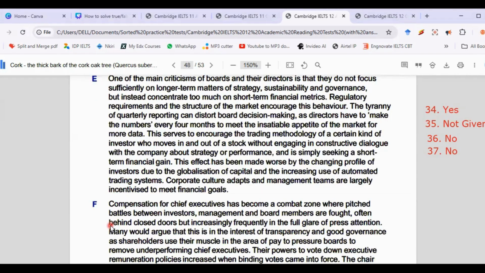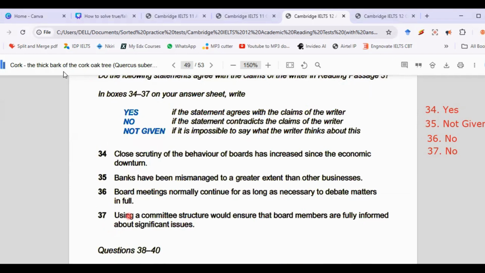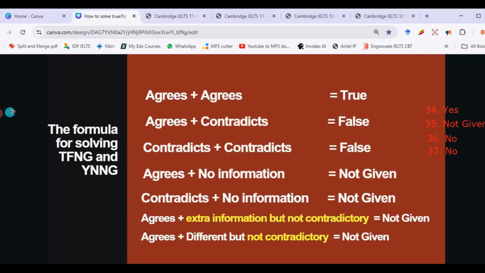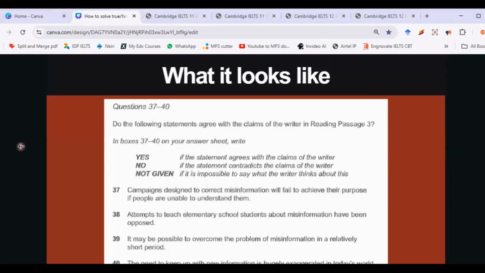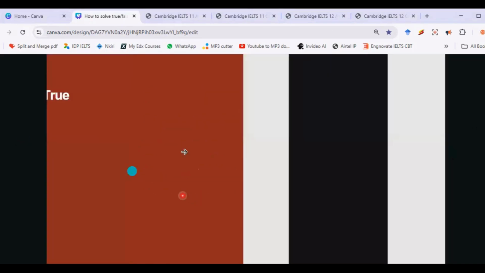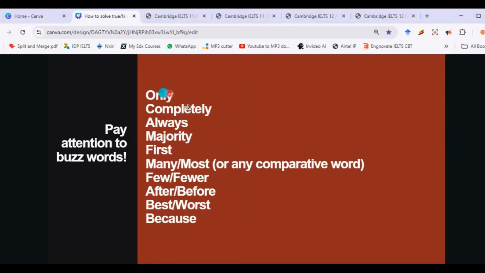So, ladies and gentlemen, the formula for true, false, not given, please take note of the formula. Practice using this formula. Solve lots of true, false, not given questions. Master it. And then pay attention to buzzwords, all these buzzwords that I showed you earlier on. Only, completely, always, majority, first, second, third, anything to do with number.